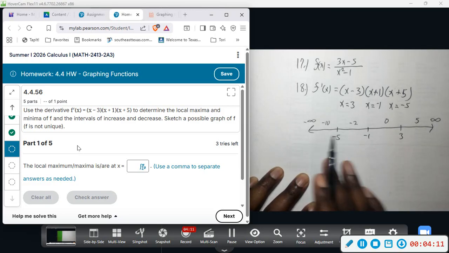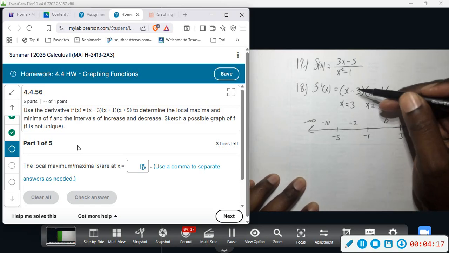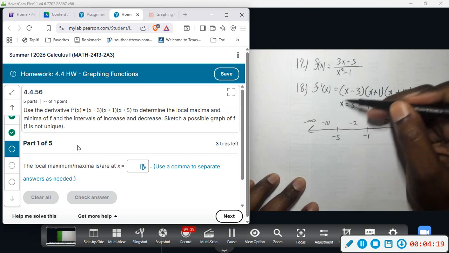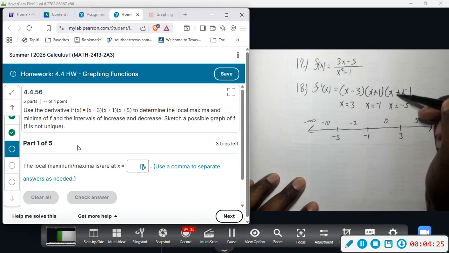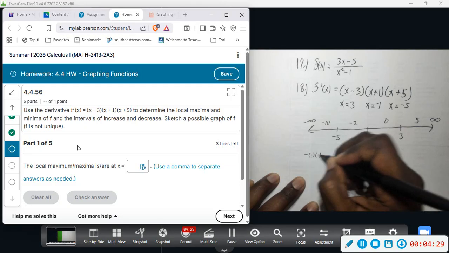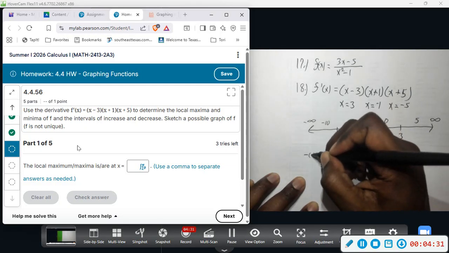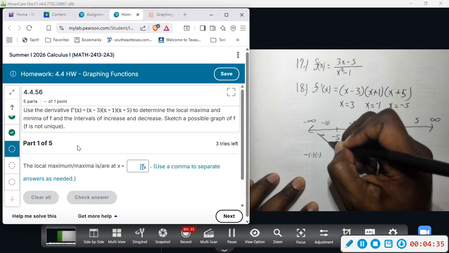We're looking for positive or negative, and then we'll be able to identify max or min. If I plug in -10, this term will be negative, this will be negative, this will be negative. So negative times negative times negative: negative times negative is a positive, times a negative will be negative. So this will be going down.